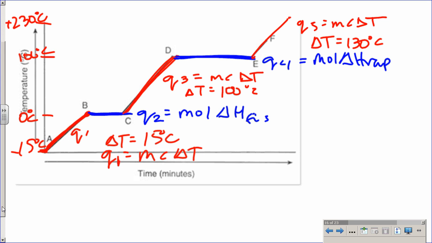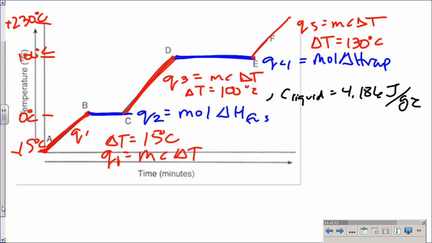The values that you need to be aware of are, we already know one of them. What is the C for liquid water? 4.186. C of liquid water is 4.186 joules per gram degree C. Every state of matter of water has a different C, and I would always give these to you. I can't even remember these.